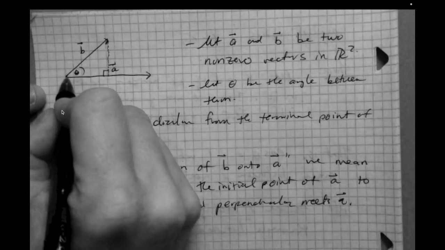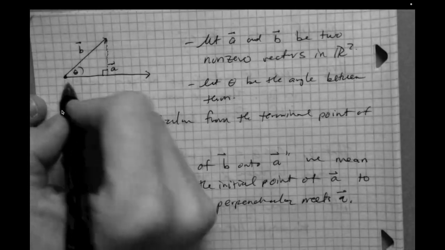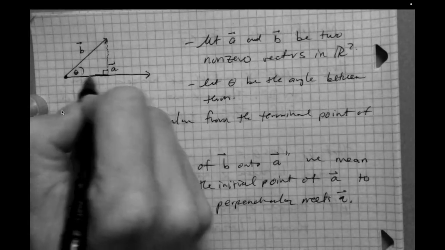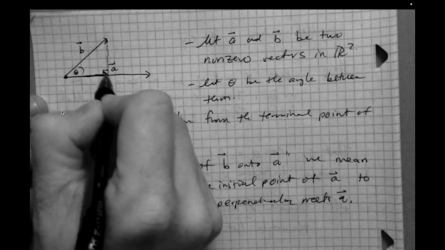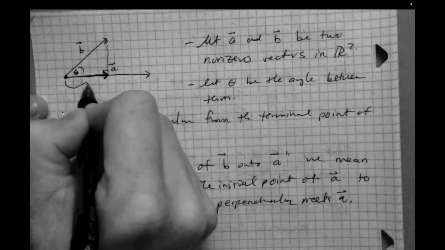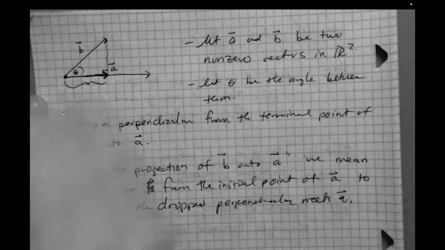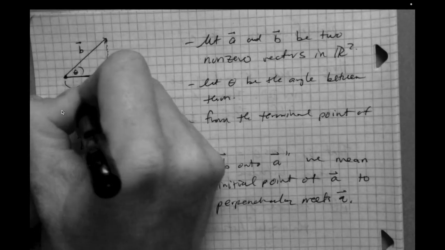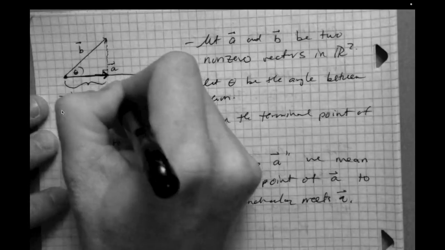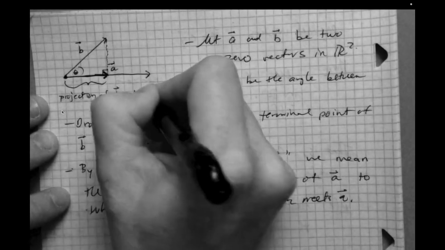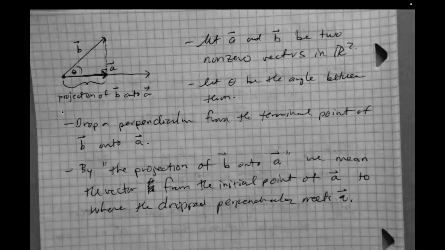We mean basically this vector, starting here and extending just to here. This guy here is the projection. This is the projection of B onto A. Okay, so it's kind of a simple idea, right?